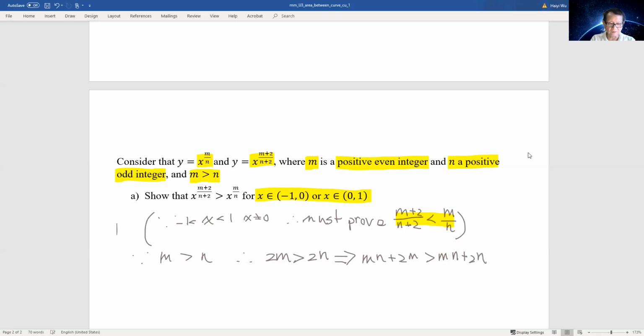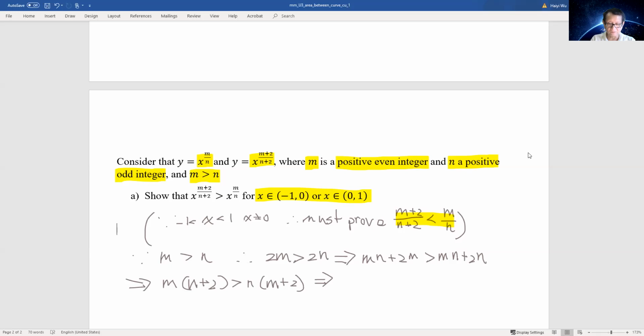Now we take the common factor out on the left-hand side, and on the right-hand side we take an n out. So you can see I've got m plus 2, and m isolated. Now I'm going to change over.